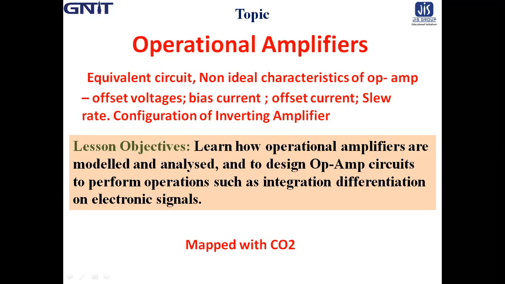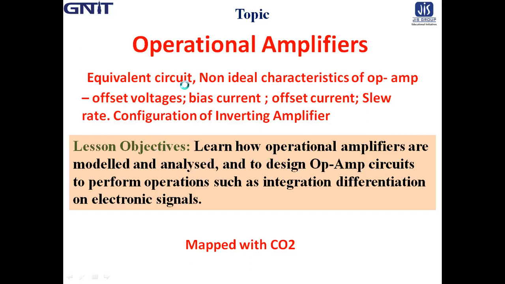Now today we are going to discuss the equivalent circuit of ideal as well as practical op-amp and some non-ideal characteristics of op-amp like offset voltage, bias current, offset current, slew rate, and at last the configuration of inverting amplifier. What is the gain of inverting amplifier? Calculation of voltage gain for inverting amplifier.